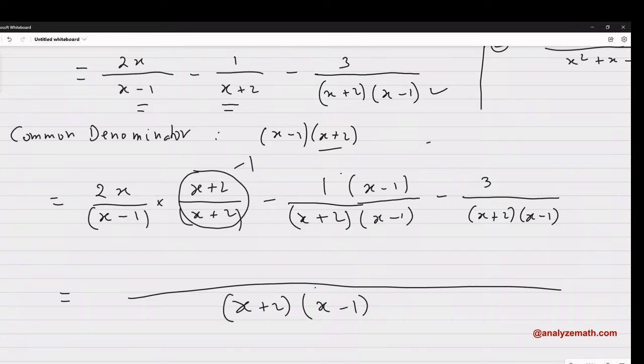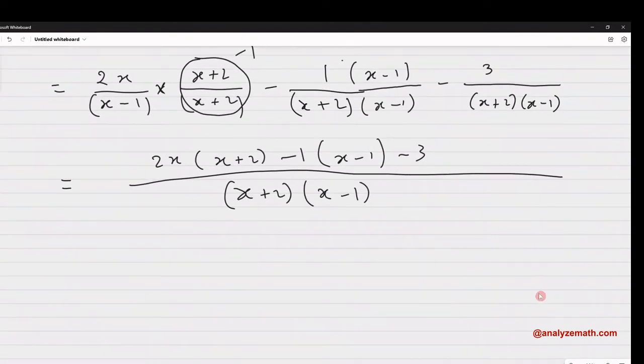And then add. Now be careful, there is a multiplication, so it will be 2x times x plus 2. This multiplied by this. And then we have minus 1 multiplied by this. Keep the brackets. And then we have minus 3. Now let's continue simplifying.